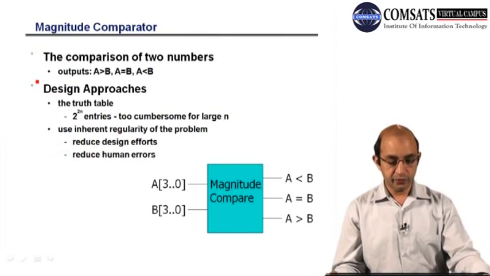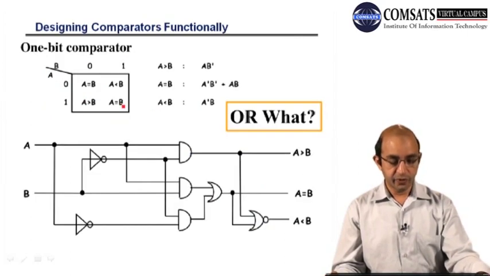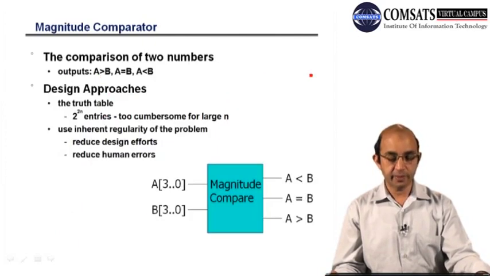But we can also have a magnitude comparator. There are three different possibilities when we talk about the magnitude comparator: either a is greater than b, or a is equal to b, or a is less than b. Imagine we have a 4-bit number.